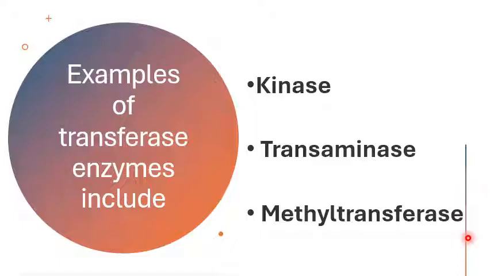So methyltransferases play an important role in epigenetic regulation and gene expression. Epigenetic regulation of a gene is the process by which the activity of a particular gene is controlled by the structure of nearby chromatin.